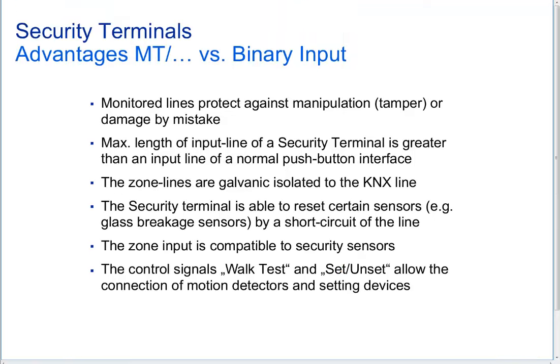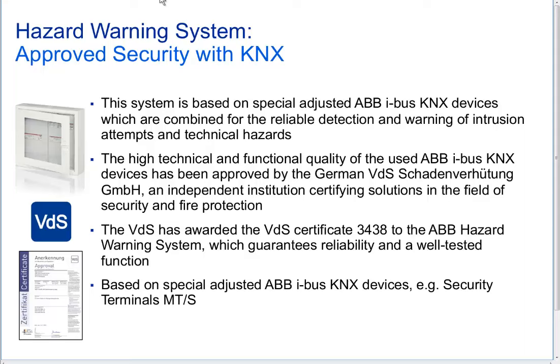Okay, so far the security terminal. What we have done last year, or we tried several years ago, but last year we had a success. In Germany we have the so-called VDS. This is the standard for intrusion alarm systems in Germany, which comes from the insurance companies, and they specified the risk and how you have to install systems for banks, jewelers, and so on.